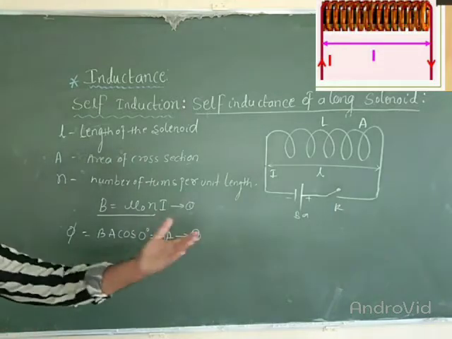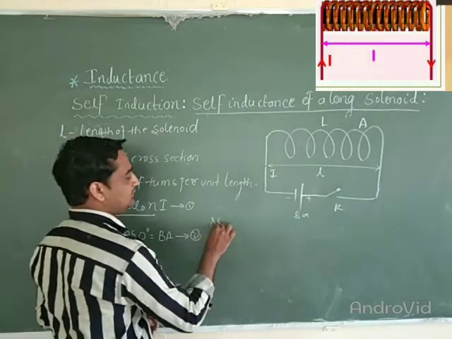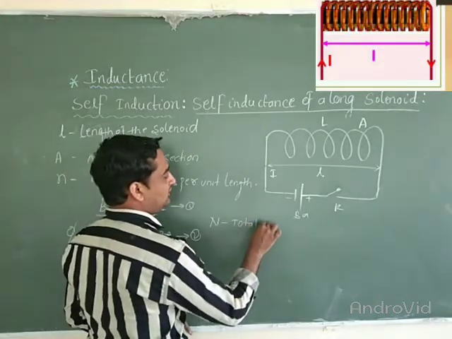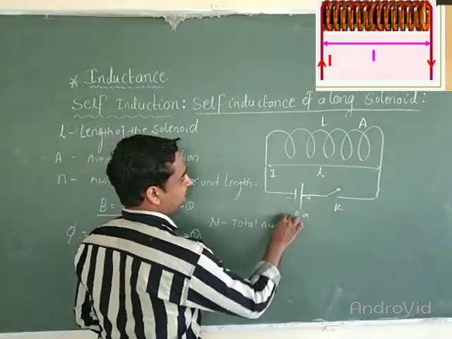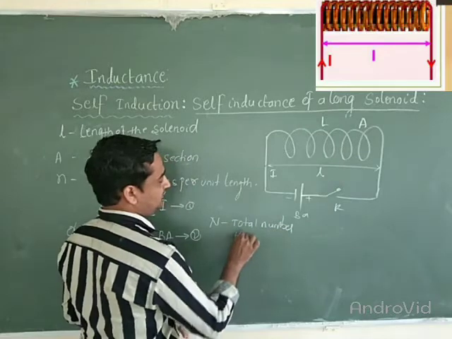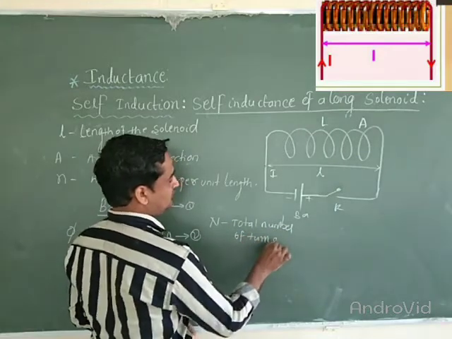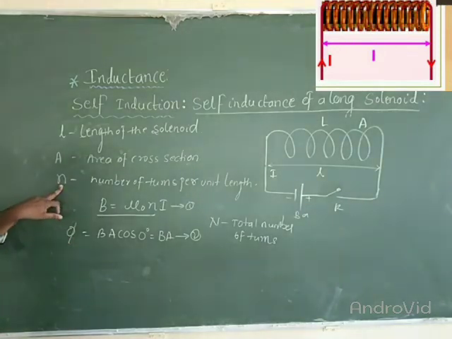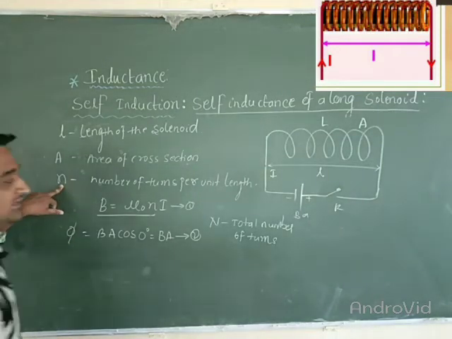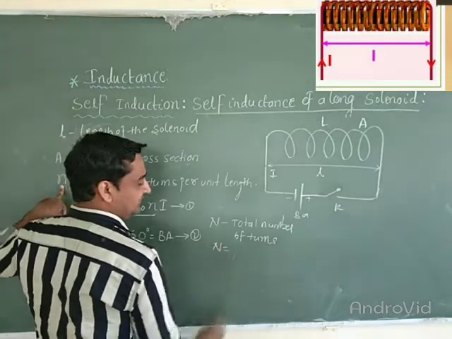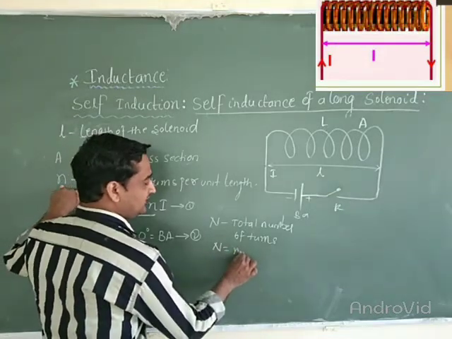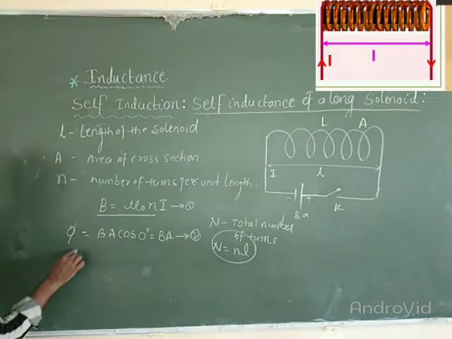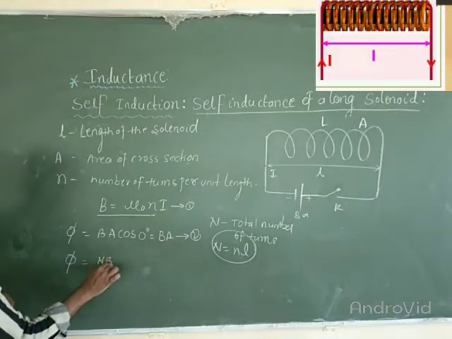So if capital N is the total number of turns contained in the solenoid, then the total number of turns N can be written as N is equal to small n into l. Therefore, phi is equal to N into B.